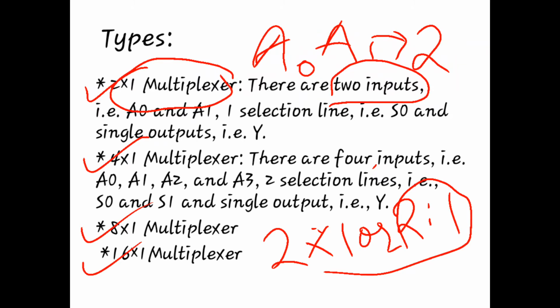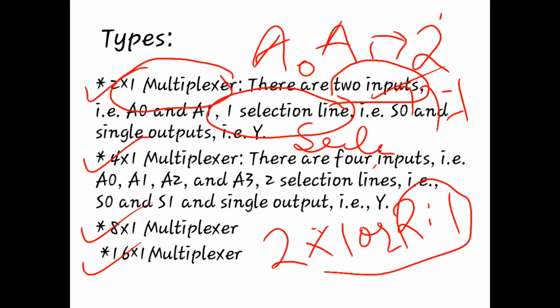It means that in this example the value of n is 1. So when the value of n is 1, the number of selection lines will be 1, which here in this example is represented with the symbol S0.